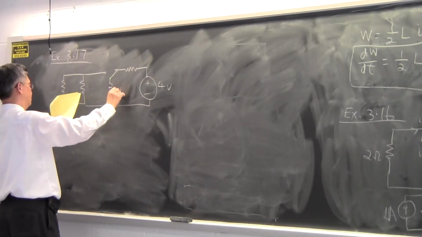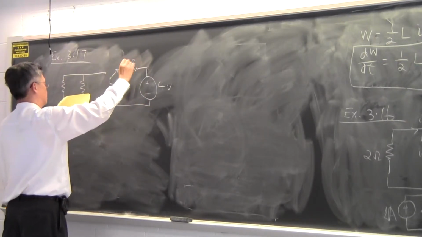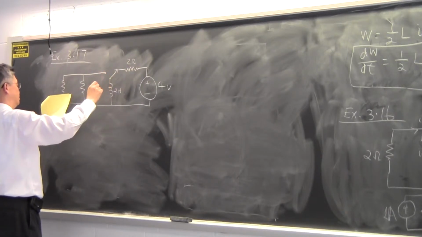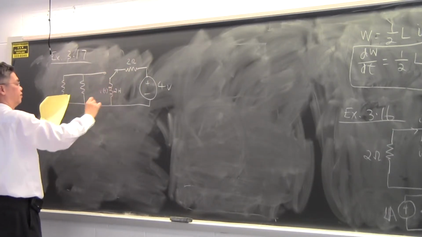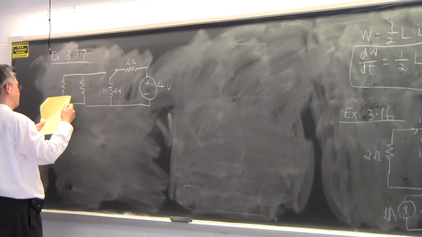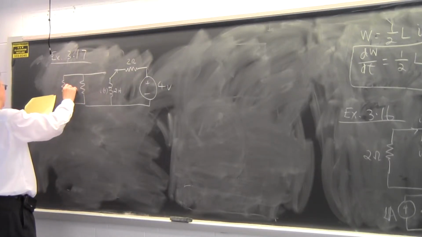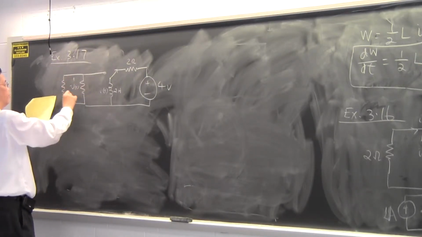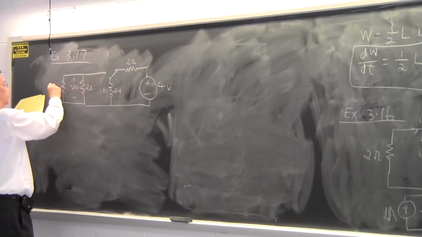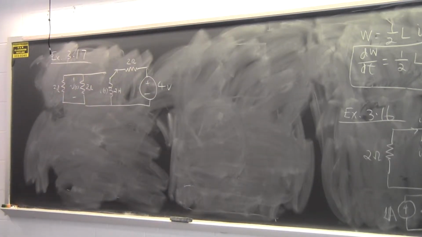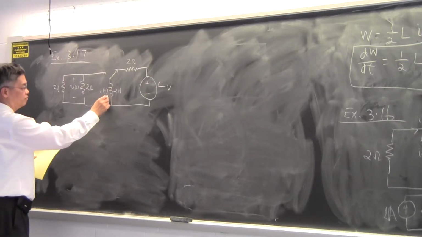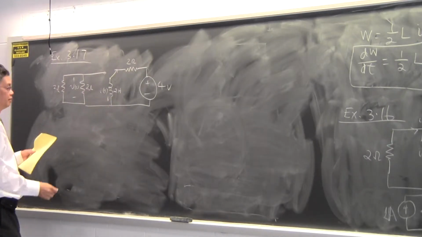This is 2 Henry. This is 2 ohms, and there's a current I(t) going through this inductor, and there's a V(t) across this thing. This is 2 ohms, this is 2 ohms. So I(t) must be going downward.